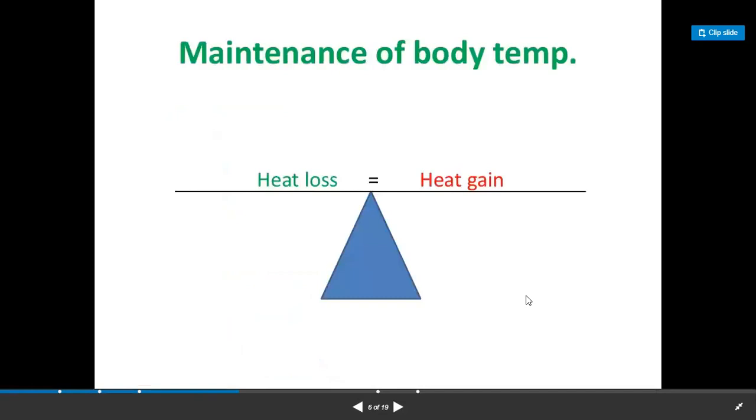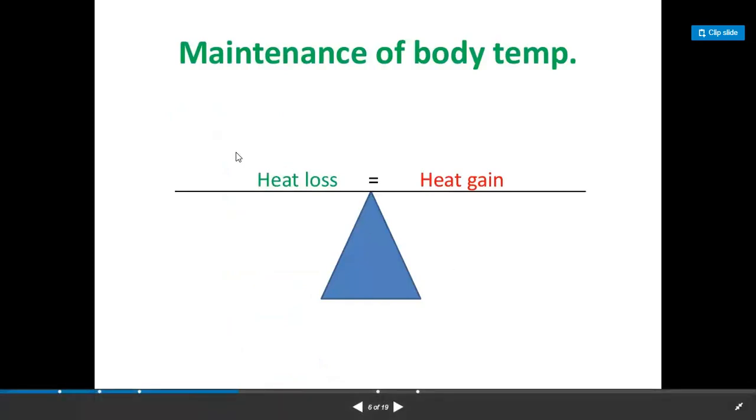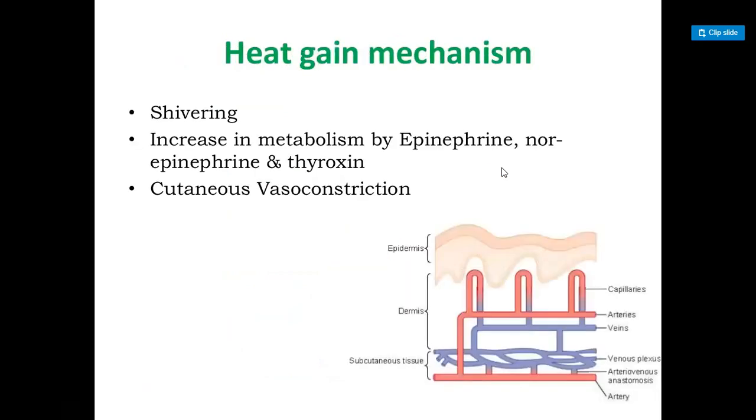So how does your body maintain a normal temperature, which we said should be between 36.6 and 37.1 degrees? What does your body do to maintain this temperature? Now, here you see your body could initiate heat loss or initiate heat gain, depending on the temperature of the body at a particular time.